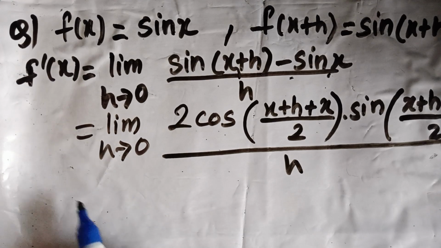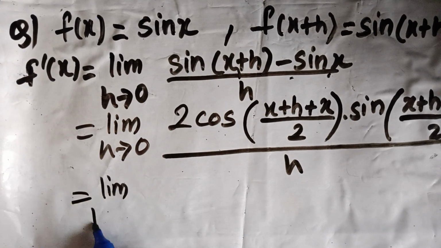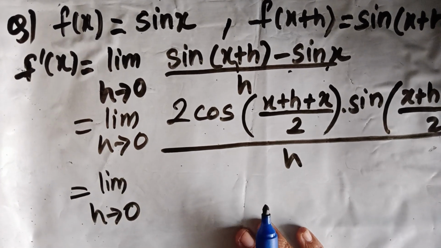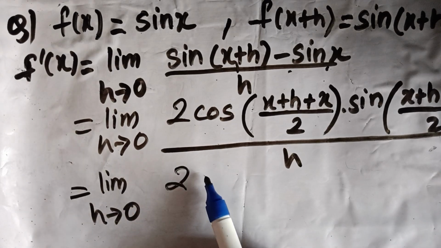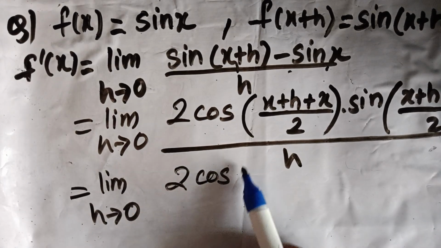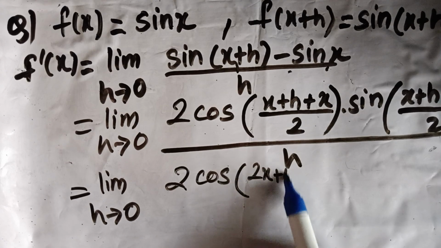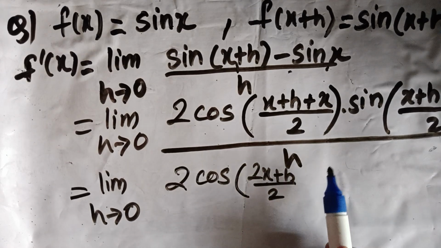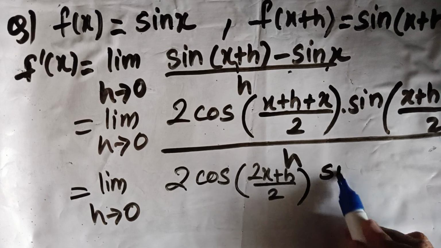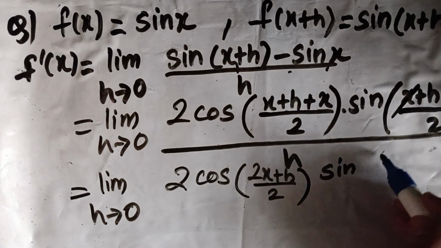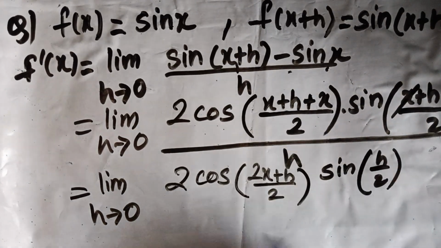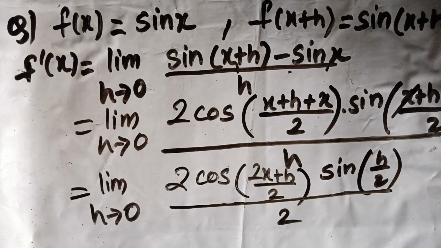Okay. So this becomes 2 times cos of 2x plus h upon 2 sin of h by 2 divided by 2, divided by h, sorry.